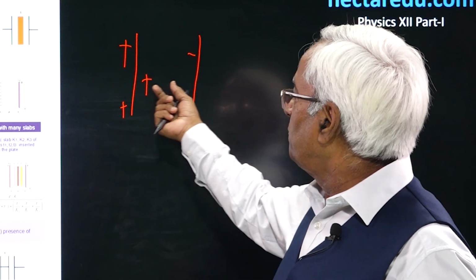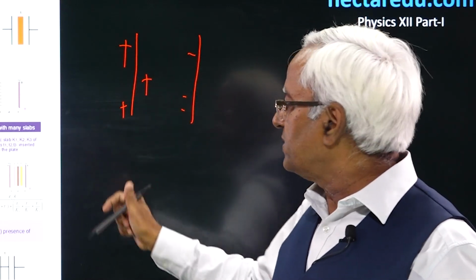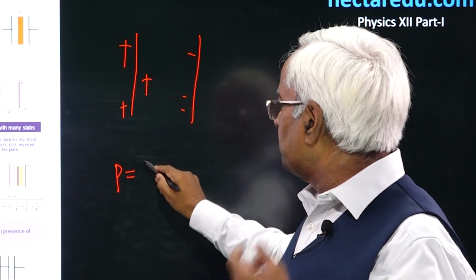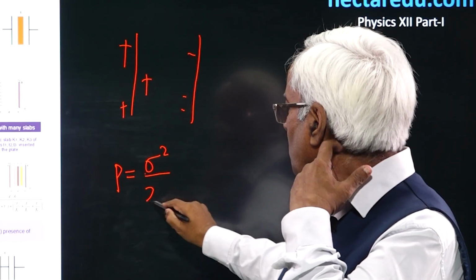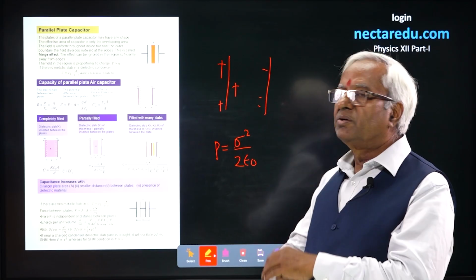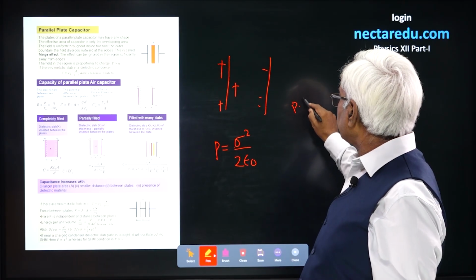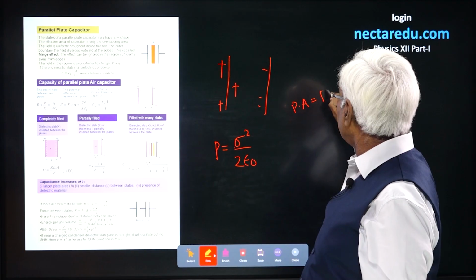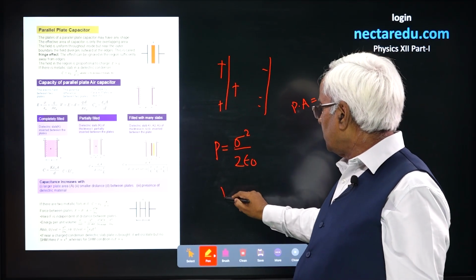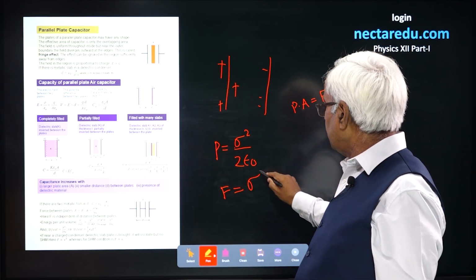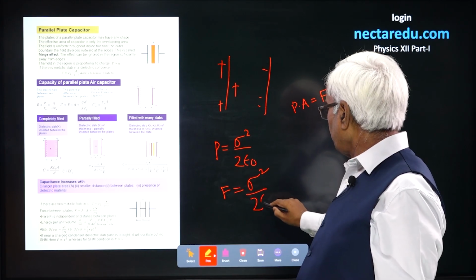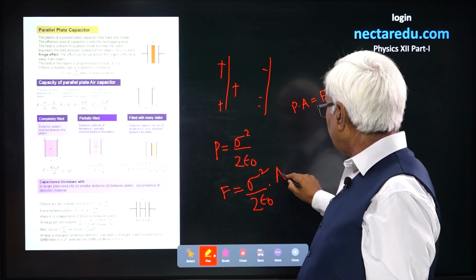Pressure between the two plates, force between the two plates. Pressure, you know, is given by sigma square upon 2 epsilon naught. If you multiply this by area, pressure into area, that's force. For getting the force, you'll have to apply this relation and then multiply it by area.